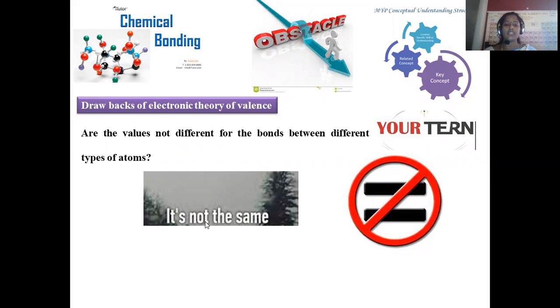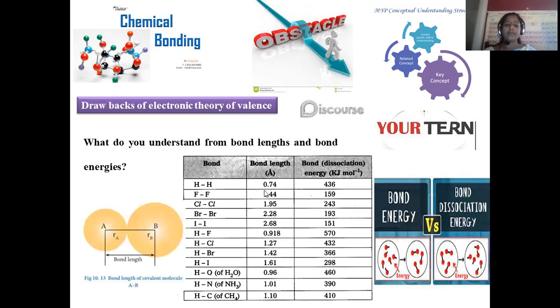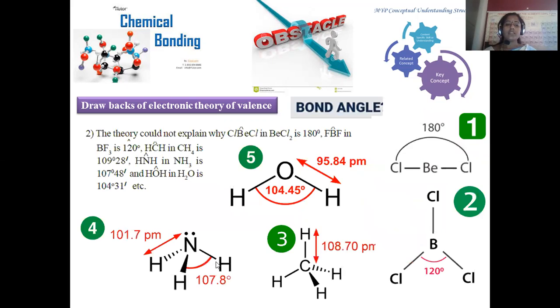Rather, distinct parameters are operating in order to explain the bond length and bond energies. That's why no two compounds will possess similar bond length and bond energies. That is clearly depicted in this table. Variation in the bond length values and bond energy values are depicted in accordance with the combination of various elements.